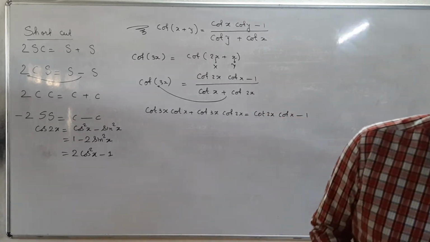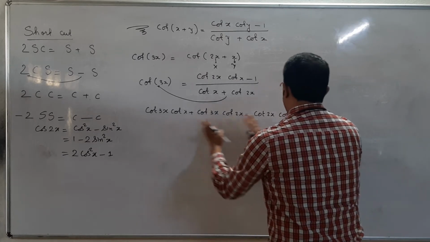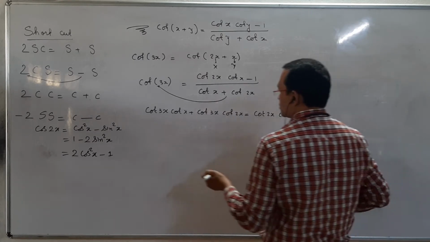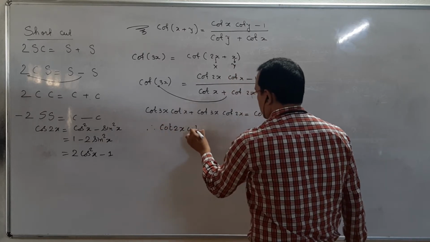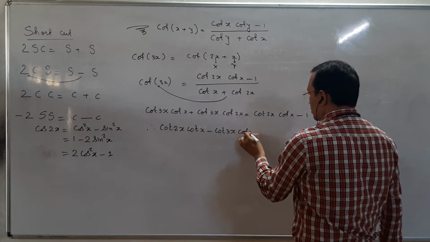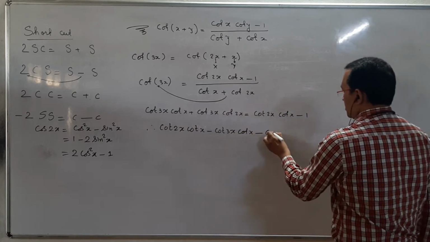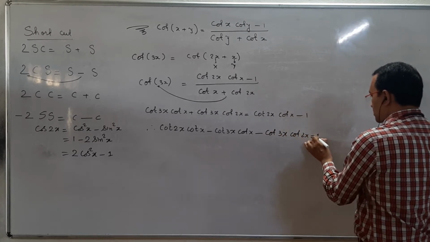Now students, according to the requirement, I transfer cot terms on the right, 1 on the left. So we get cot 2x cot x minus cot 3x cot x minus cot 3x cot 2x is equal to 1.